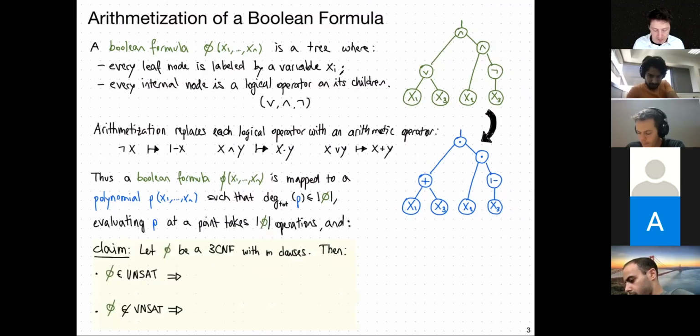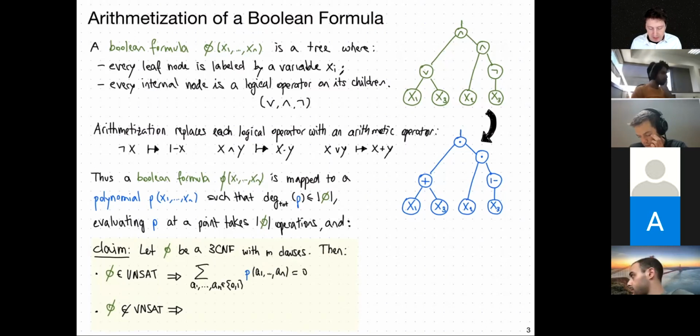And finally, this is the important part. Let's say that the original Boolean formula was a 3CNF with m clauses, just for simplicity. Then, if the formula was unsatisfiable, the sum of this polynomial over all Boolean inputs is 0.